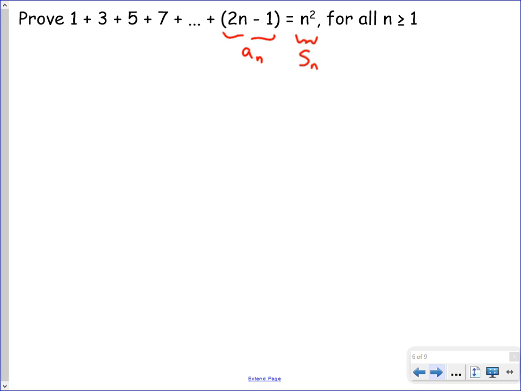Okay, we're going to start by sounding like a mathematician here, and we're going to make a statement that basically rewrites the question. We're going to say, let S sub n equal 1 plus 3 plus 5 plus 7 plus 2n minus 1. So we're saying let the series be the sum of all the positive odd integers.